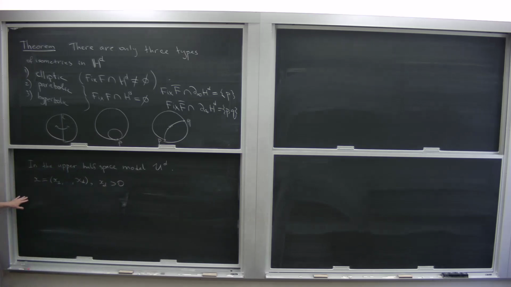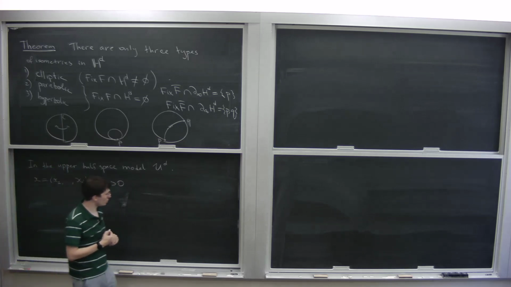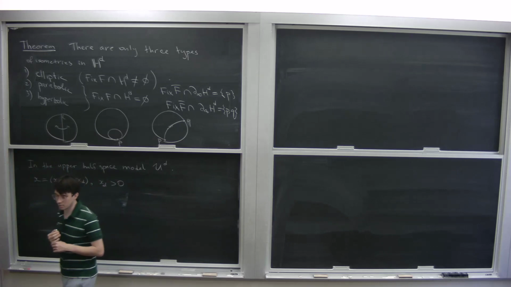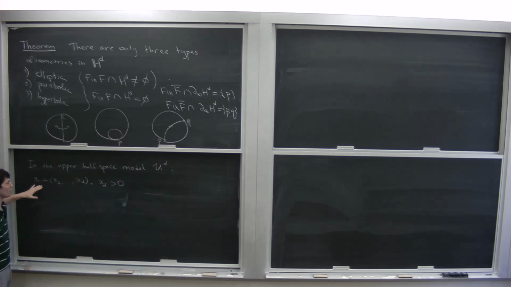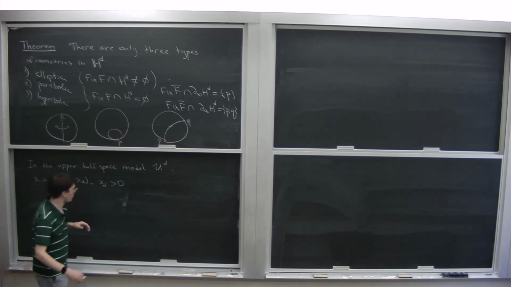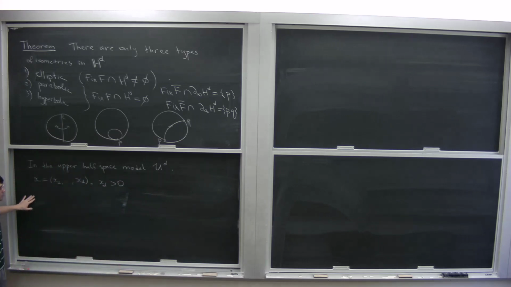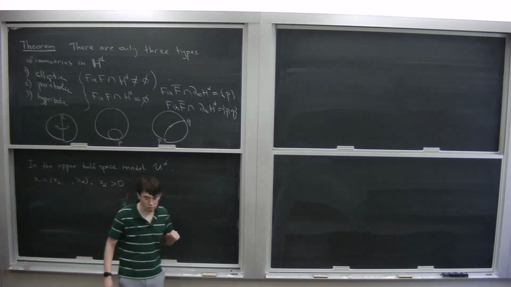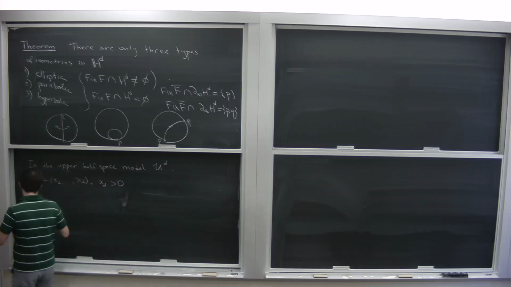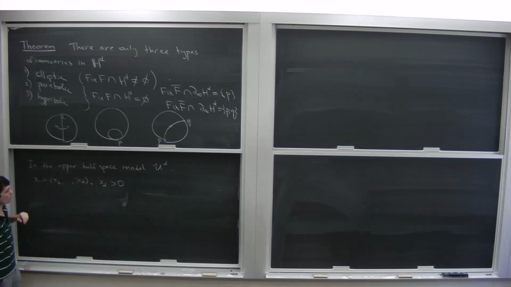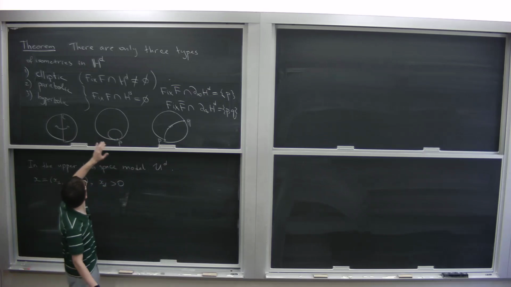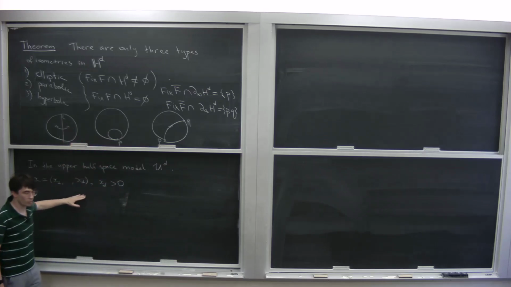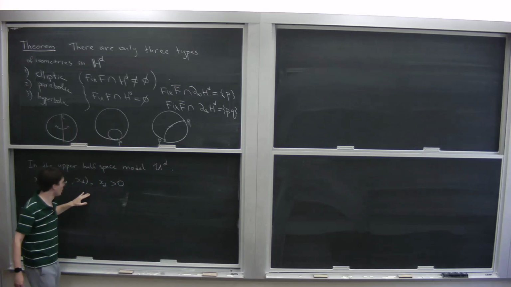Then elliptic guys are just elements that have fixed points in the upper half space. One can think of this in the two-dimensional case and try to write down these Möbius transforms. I'm a bit more interested now in parabolic and hyperbolic isometries.